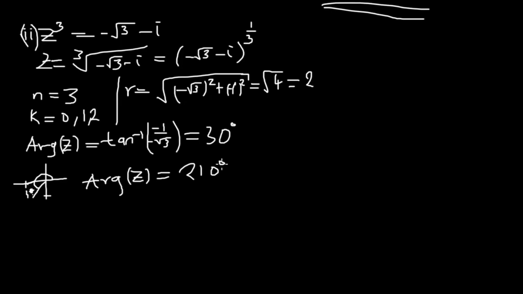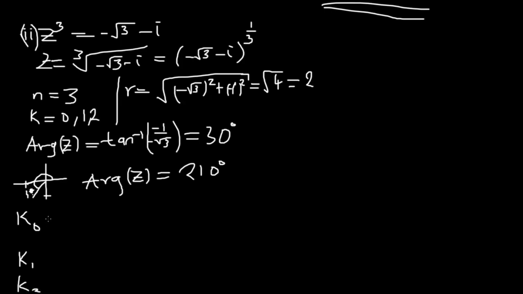Now from here we can find the arguments when k is equal to 0, the argument when k is equal to 1, the argument when k is equal to 2.